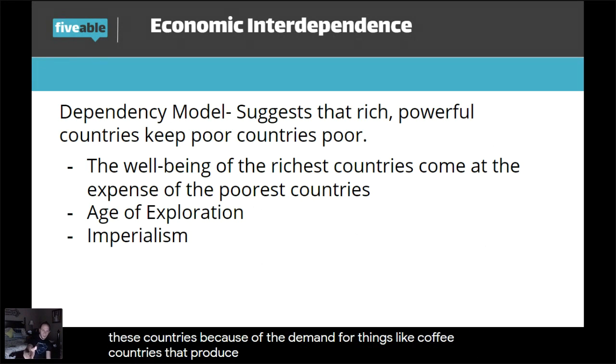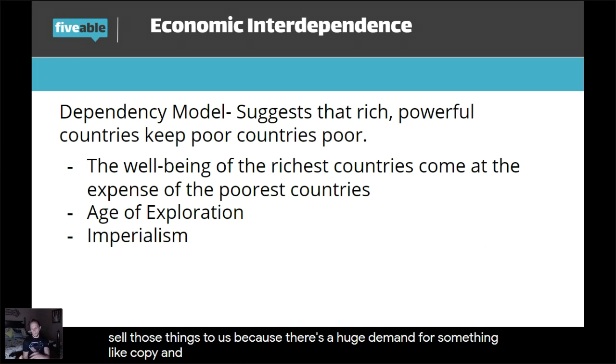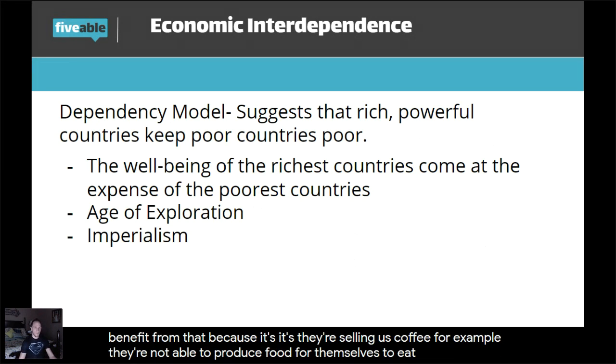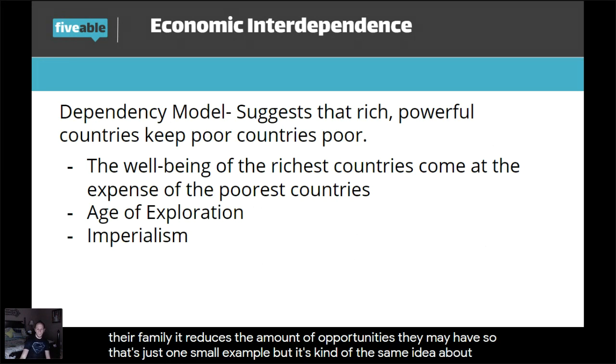Countries that produce it agriculturally don't consume it, but they sell those things to us because there's a huge demand for something like coffee. And people say, well, these poor countries don't benefit from that because since they're selling coffee, for example, they're not able to produce food for themselves to eat and support their family. It reduces the amount of opportunities they may have. So that's just one small example, but it's the same idea about what the dependency model is.